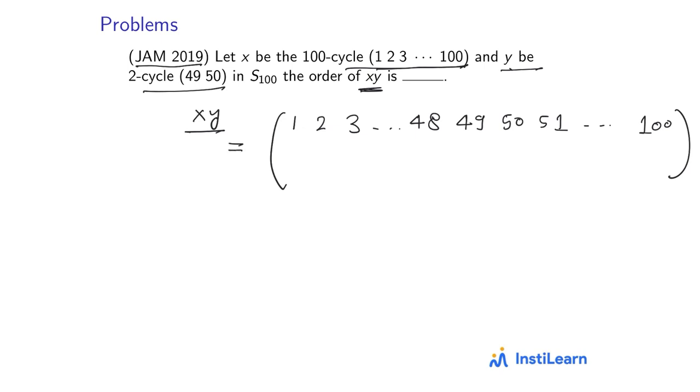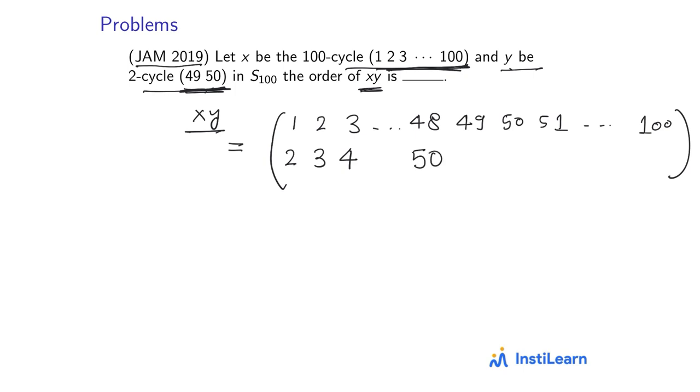Now you see 1 is going to 2, and 2 is fixed in the 2-cycle, that's fine. 2 is going to 3, and things are fine so far. 3 is going to 4. Now say 48 is going to 49 in this 100-cycle, and 49 is going to 50 in this 2-cycle. So 48 is basically going to 50 in XY.